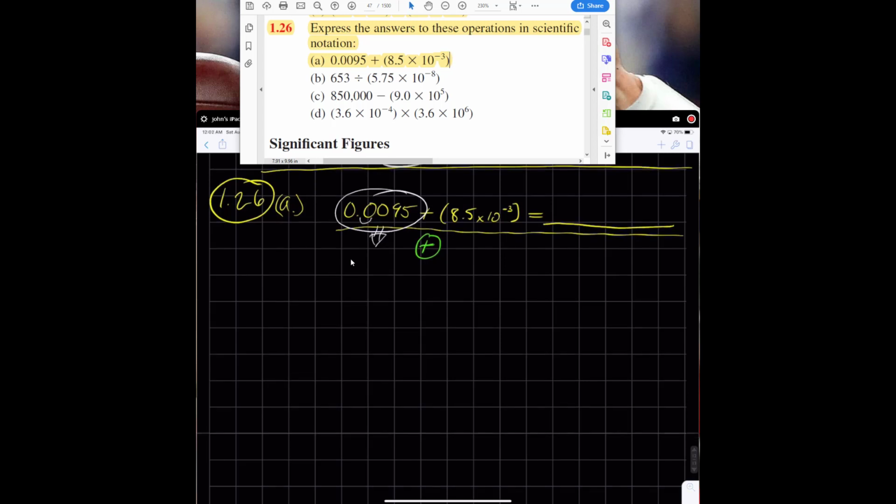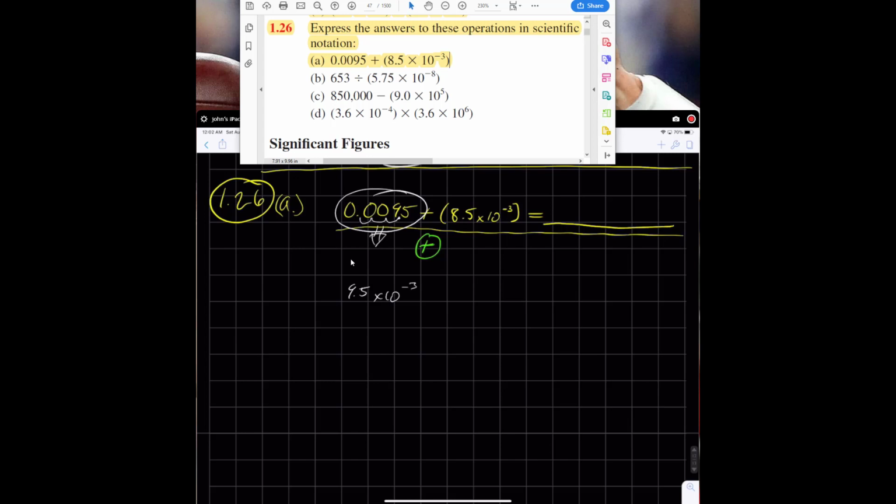As a result, we would have 1, 2, 3, and that would be 9.5 times 10 to the negative 3.